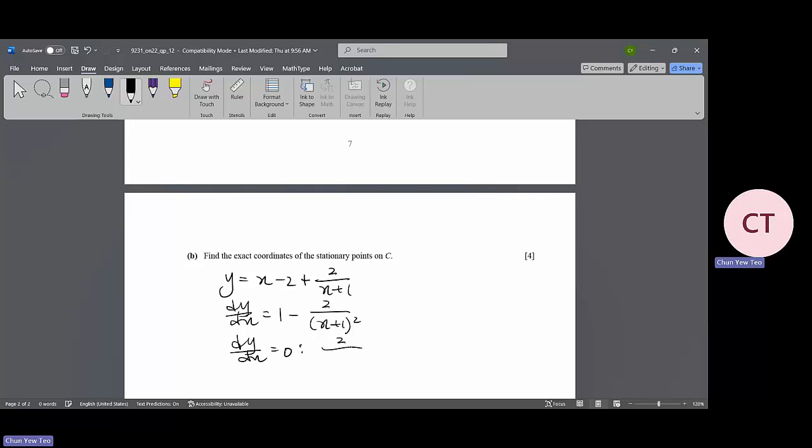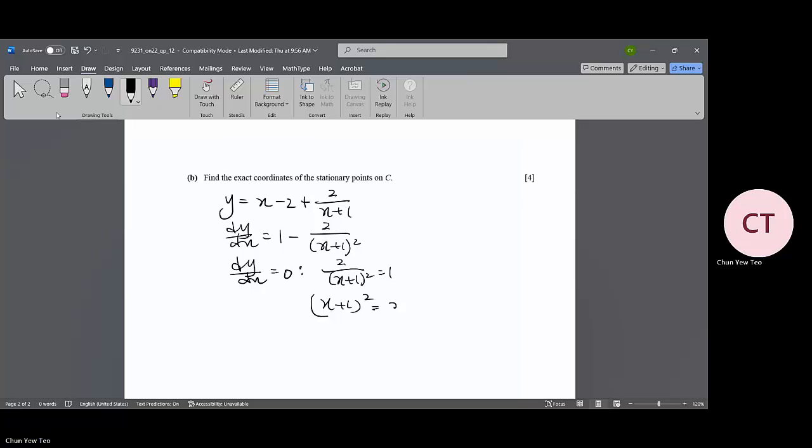So you get 2 over (x plus 1) squared equal to 1. So you get (x plus 1) squared is equal to 2. So your x will be equal to negative 1 plus minus root 2.